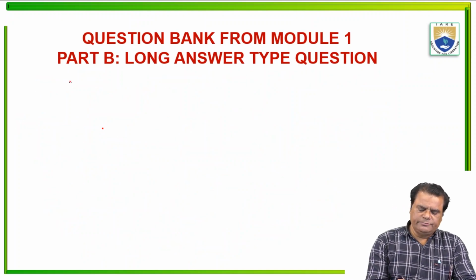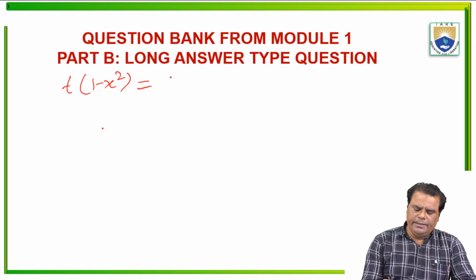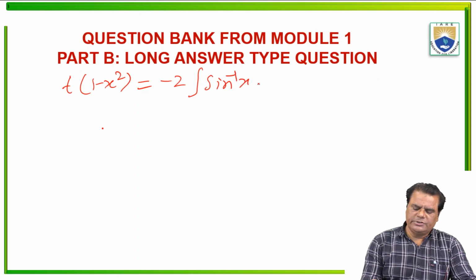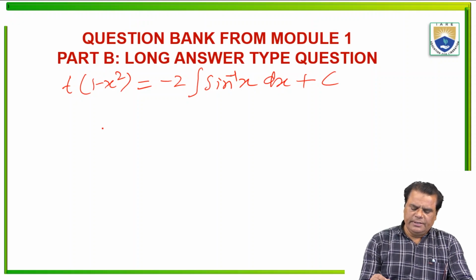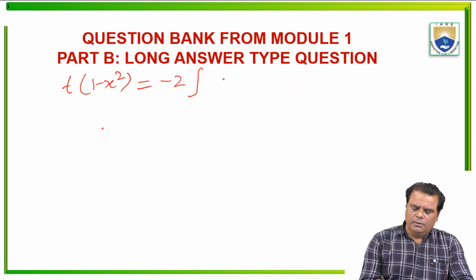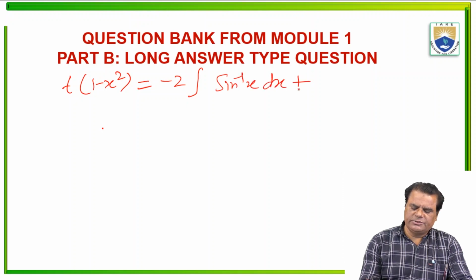So next is t into 1 minus x square equals minus 2 integration sine inverse x dx plus c. Now how can we integrate this? Here I am considering sine inverse x dx plus c.